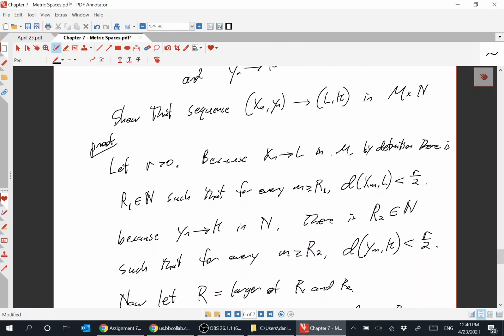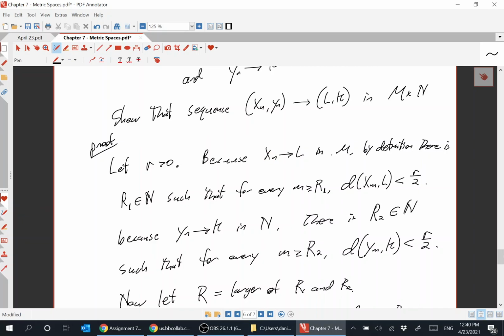Why not r? Well, we want to show that this sequence in M cross N converges to this limit, L comma k, and we're going to show it satisfies the definition of convergence for r. But in order to do that, we need to use the definition of convergence in some way that gets us to what we're looking for.